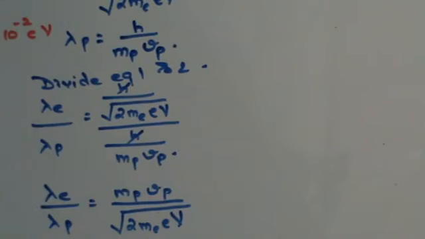Now let's see what are the values that I know. I know the mass of the proton, I know velocity of proton is given to you as 0.4 c. Mass of the electron I know is 9.1 into 10 raised to minus 31 kgs.